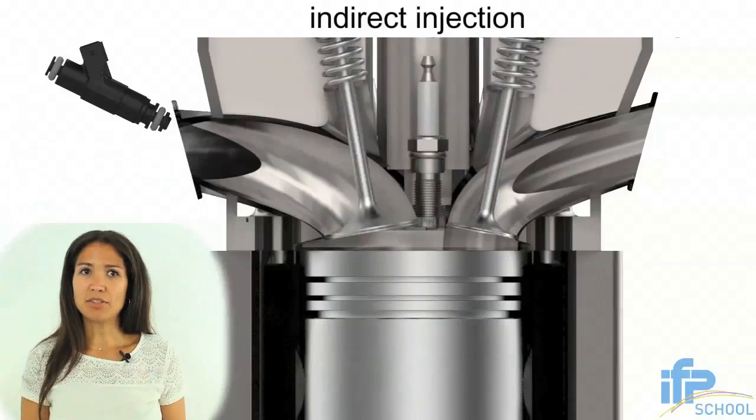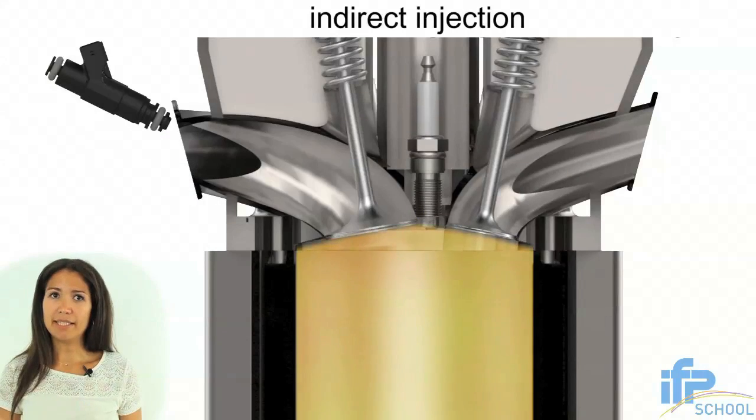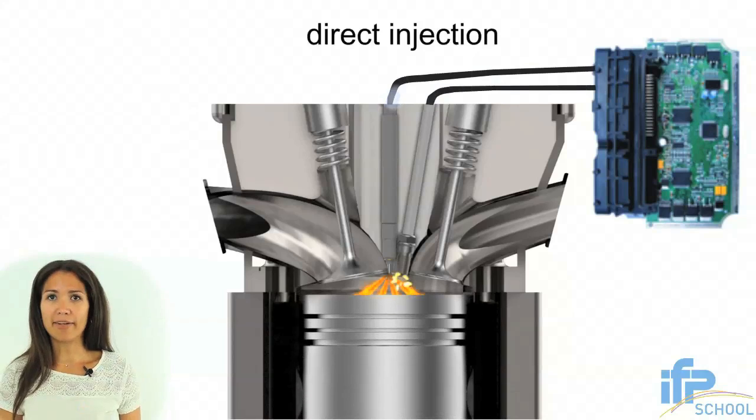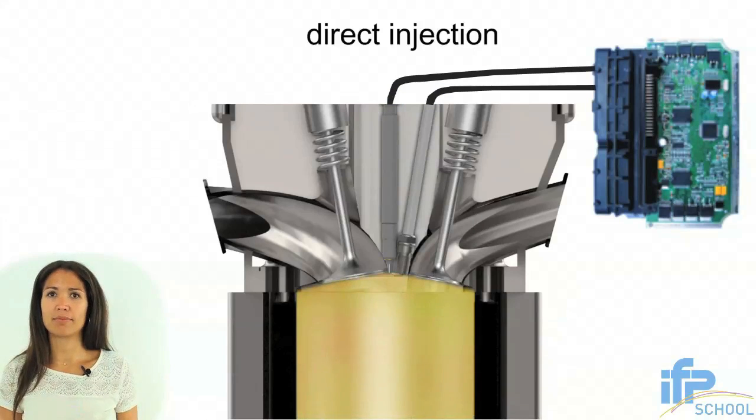In gasoline engines, intake pipes are shaped to create an in-cylinder air motion which favors air turbulence intensity and thus combustion speed. The injector is either placed in the intake manifold or in the cylinder head in what we call direct injection gasoline engines.